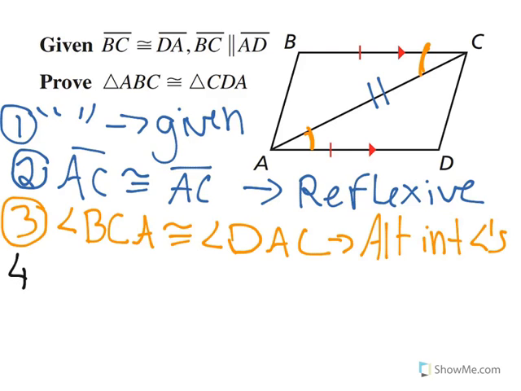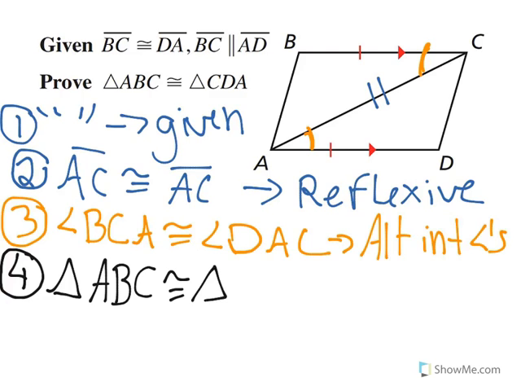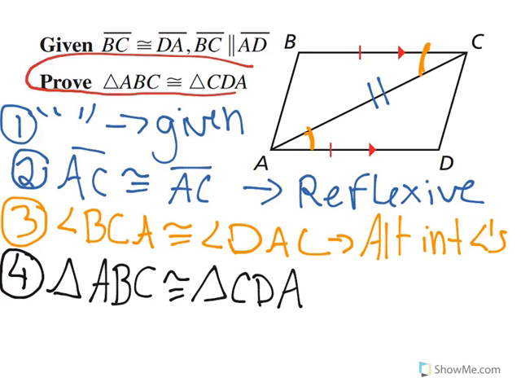I now have enough information to conclude that those triangles are going to be congruent. So I know that triangle ABC is congruent to triangle CDA, making sure you end your proof with what you want to prove. And I know that because of side, angle, side.